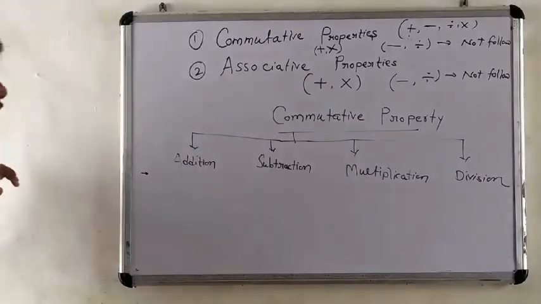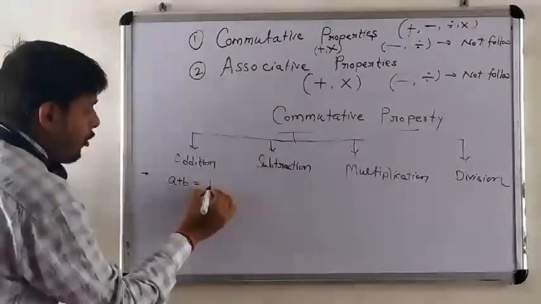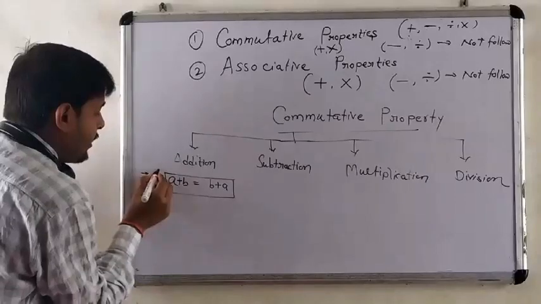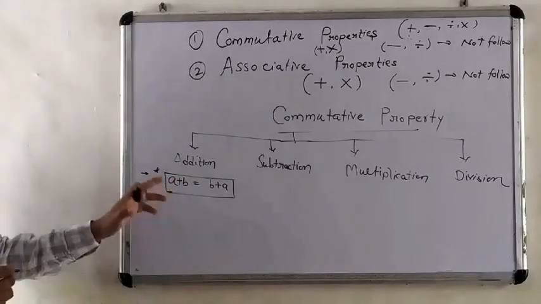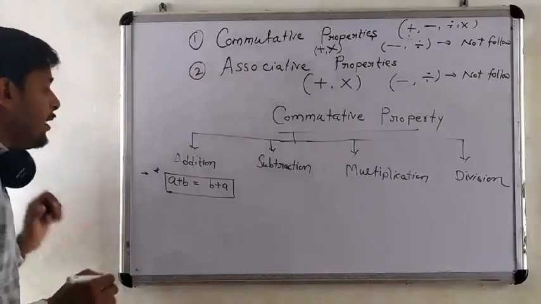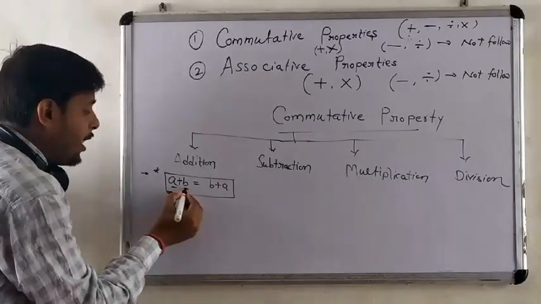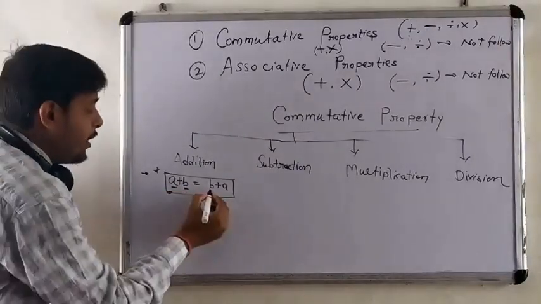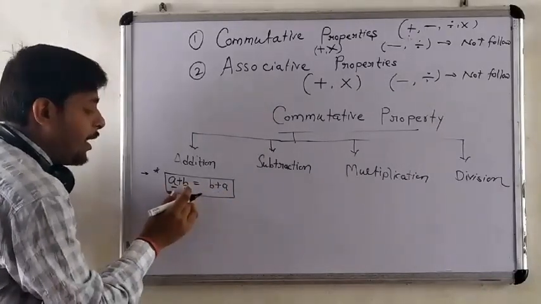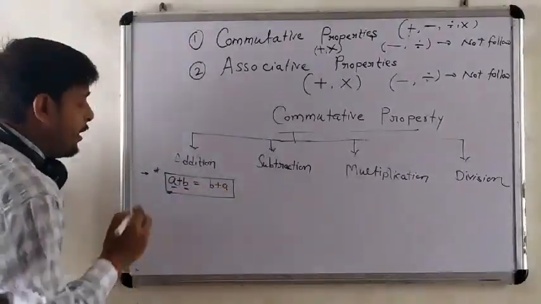According to commutative property, the addition of two numbers is always commutative. Means if A and B are two integers, then A plus B is equal to B plus A.